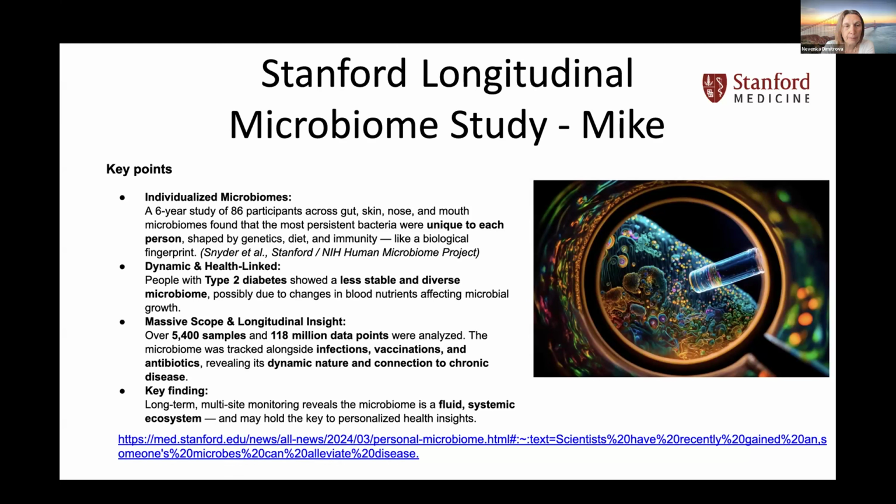One of the key findings, there are many, is that long-term multi-site monitoring reveals that the microbiome is a fluid, systemic ecosystem, which means it changes. If you change your diet, your gut microbiome will change.